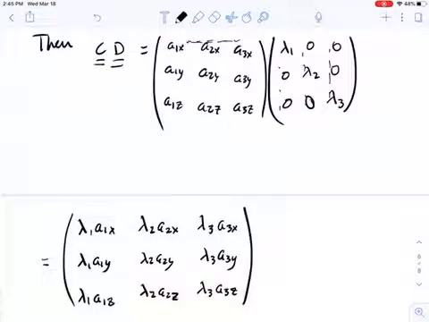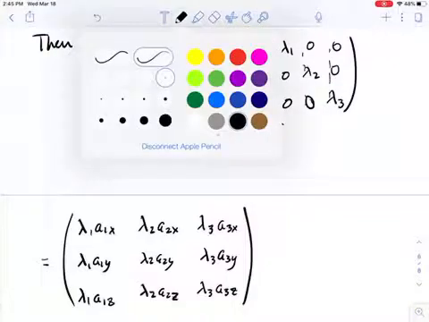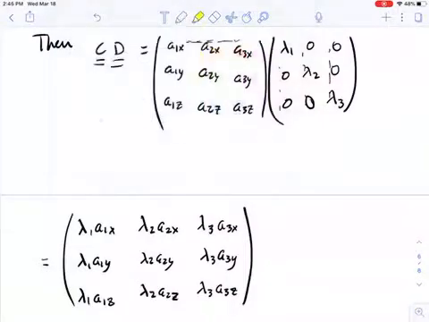Okay, good. So notice what we've got: over here we have just lambda 1s, these are all lambda 2s, and these are all lambda 3s, and they're just multiplying the original eigenvectors. There's the first component of A1, the second component, and then the third component. And the same thing for the A2 and A3 cases.